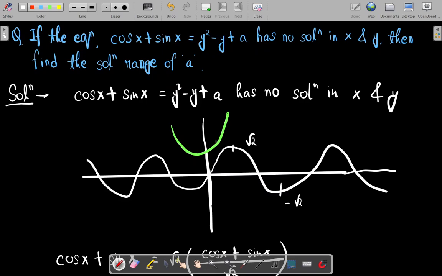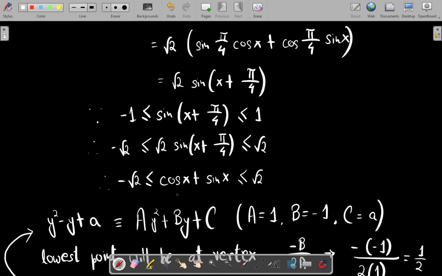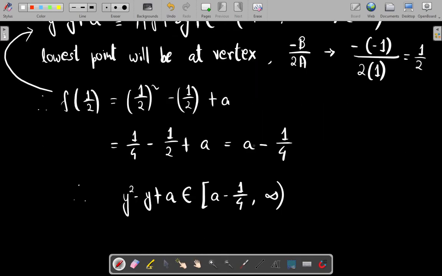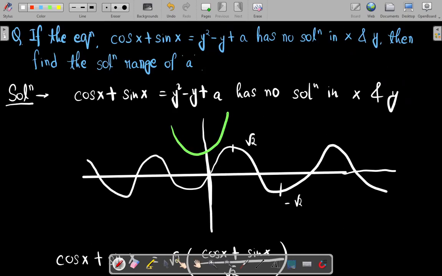Since they do not intersect with each other, this means the greatest value of this trigonometric curve, this sin cos curve, has to be smaller than the smallest value of this curve, right? And the greatest value of this curve is root 2. Greatest value is root 2, and the smallest value is this, for the quadratic curve.